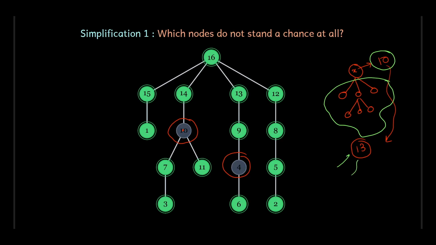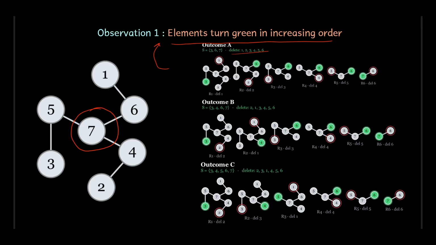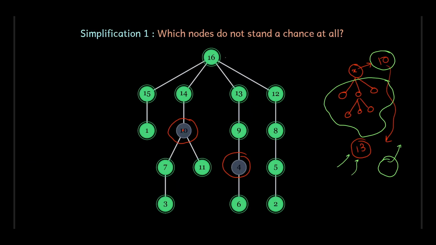But whoever can delete 13, it means they are still around. But if they are not around, something even more powerful than it is around, because we said that nodes enter the green set in increasing order. So every time a new element arrives, it is more powerful than the last element that you had seen.